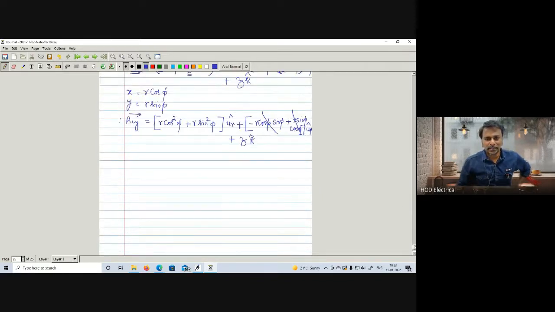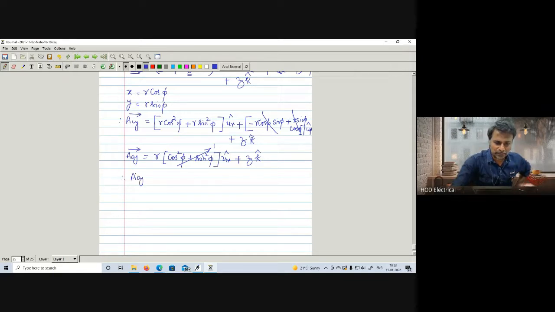Therefore, we can write the A cylindrical vector equal to R into cos square phi plus sine square phi into UR gap. So this entire u phi term will be 0, plus Z into K gap. Then we know cos square phi plus sine square phi equals 1.